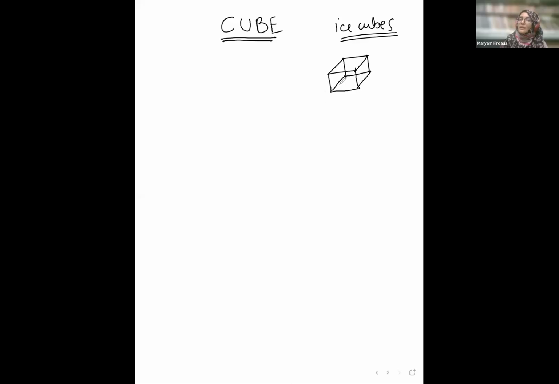So remember that a dice is in the shape of a cube. And cuboid, you don't have to think much about, because once you remember what shape a cube is, you will automatically be able to say the other one is cuboid. Is that clear, Hiba? Yes, I understand now.